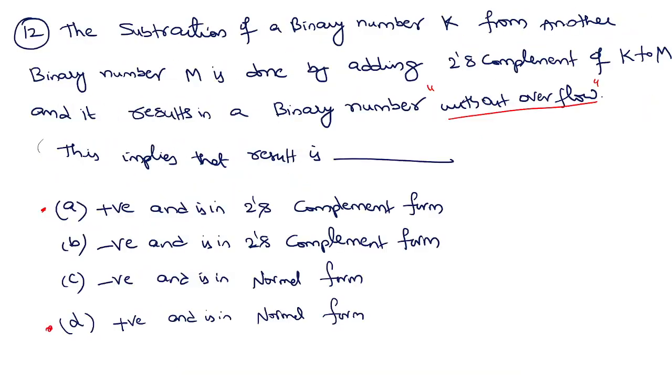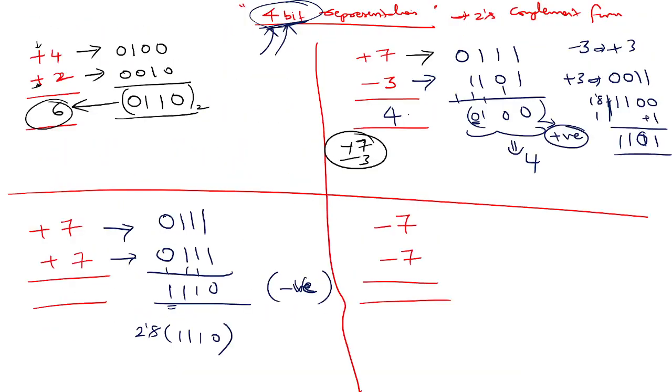Now I am coming here and asking you the same thing. Somebody gave you 1110 and asked what the number is in decimal. By looking at this, you know it is a negative number. How to find the magnitude? You get the 2's complement of 1110: 0 0 0 1 plus 1 you add, giving 0 0 1 0.